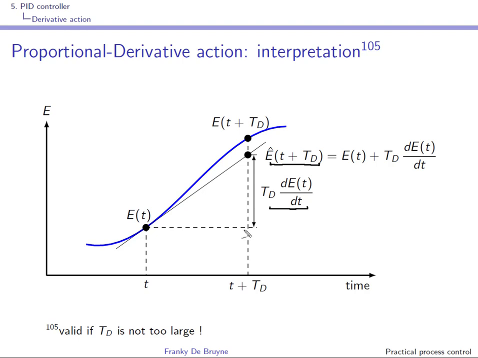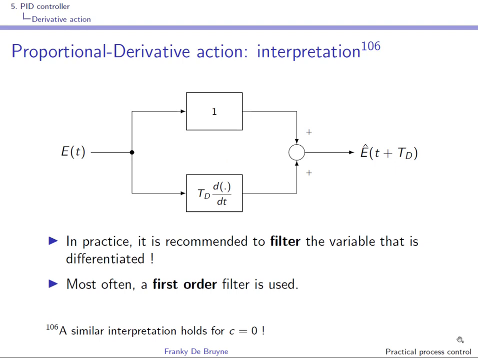And of course this will work as long as Td, the derivative time constant, is not too large. Well, this is the interpretation that we have obtained previously. We want to work with the error in the future with some horizon Td, right?